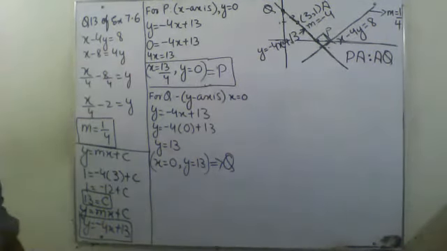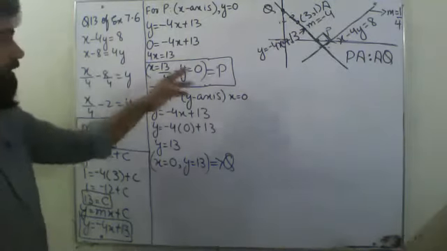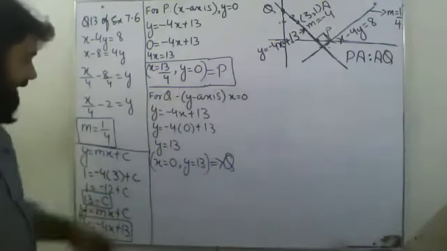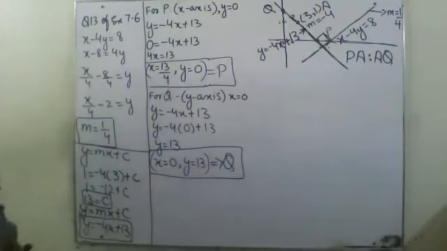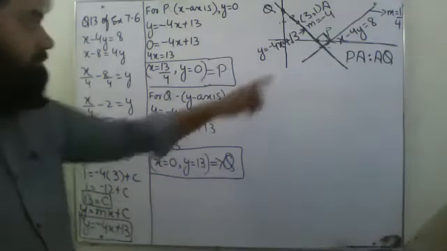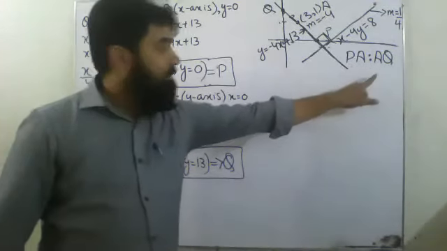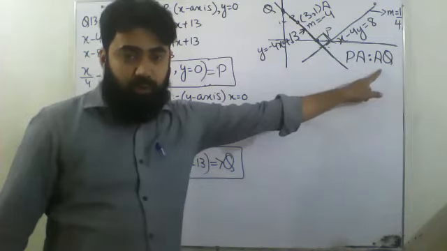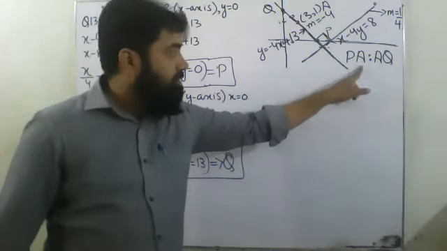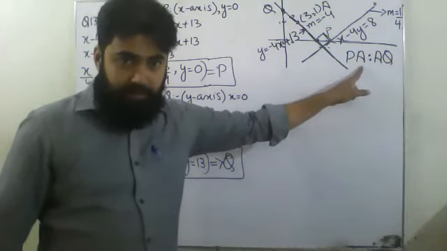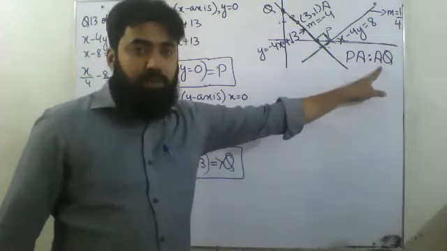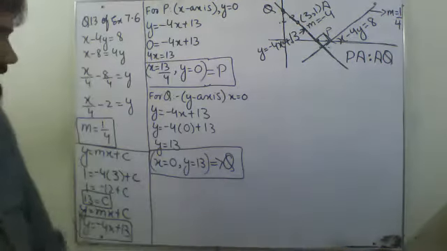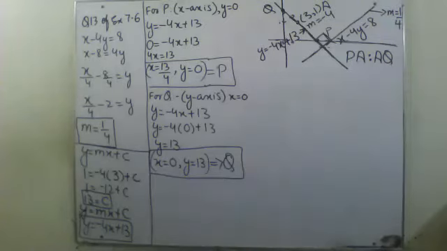So now what we have got over here, we have got P and we have got Q. Now what? PA and AQ ratio I have to find. So first of all, I will be finding PA using the distance formula. Then I will go for AQ using the distance formula, and then I will take their ratio.